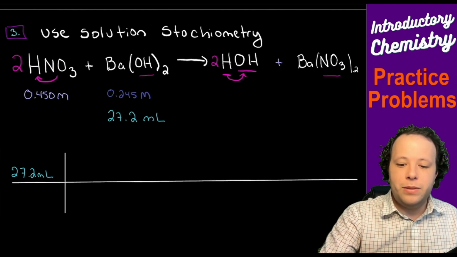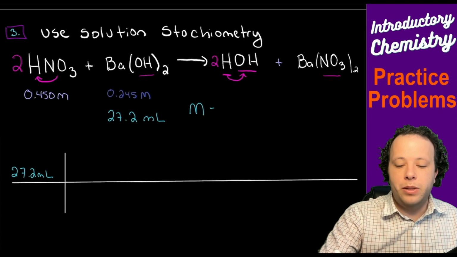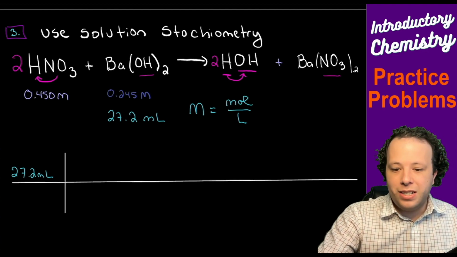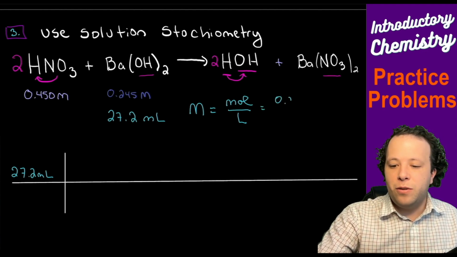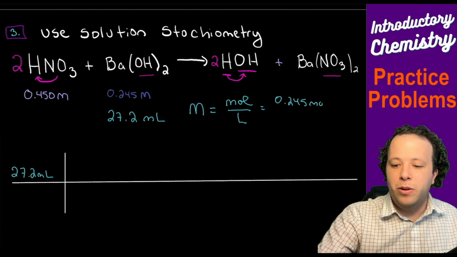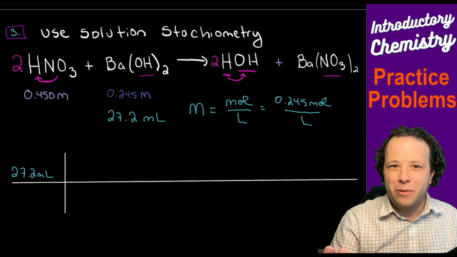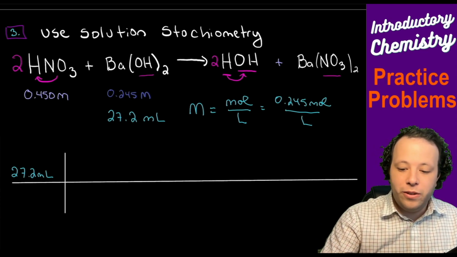So what is molarity? Let's take a look. Molarity is moles over liters. So if I have my barium hydroxide, that is saying that we have 0.245 moles over liters. Now, is there another way that this can be represented to make this a little easier? Well, there is.